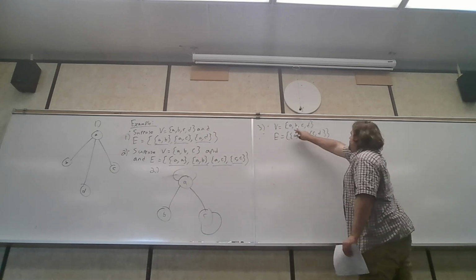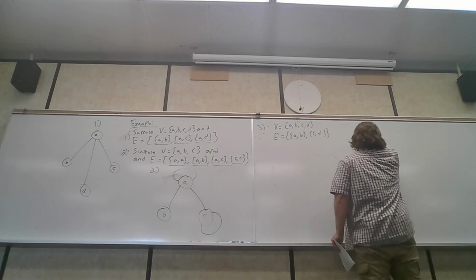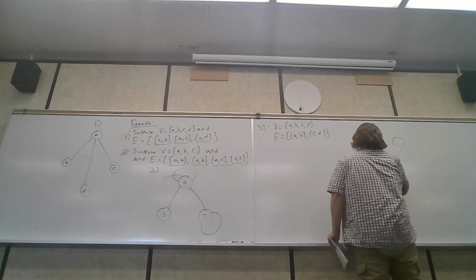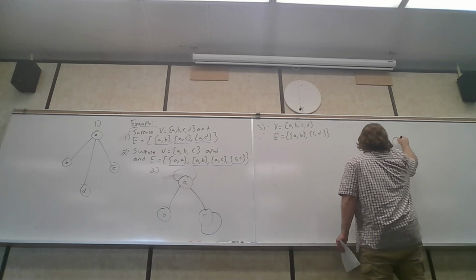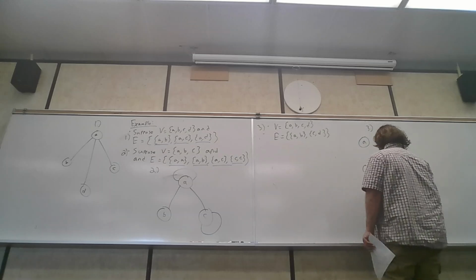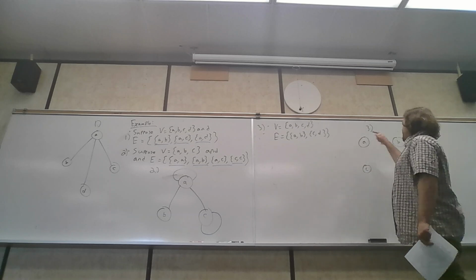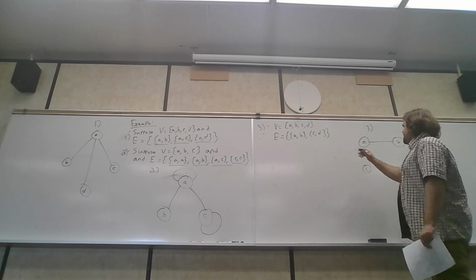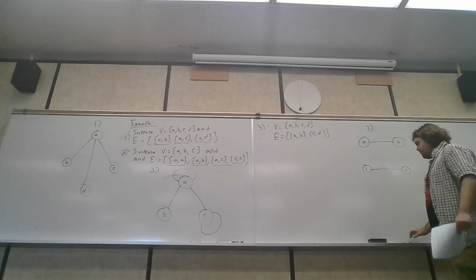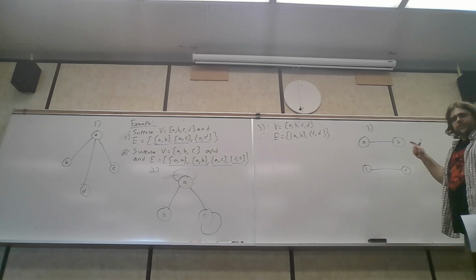Well, again, we have 4 vertices, so we just draw them: A, B, C, D. And now we draw our connections. A is connected to B, C is connected to D. And that's it, right? This is also a graph.